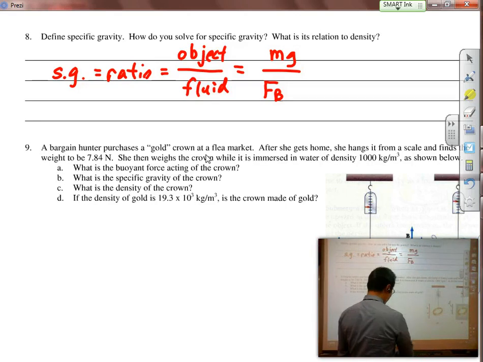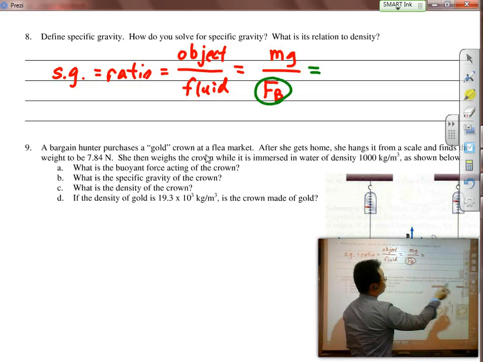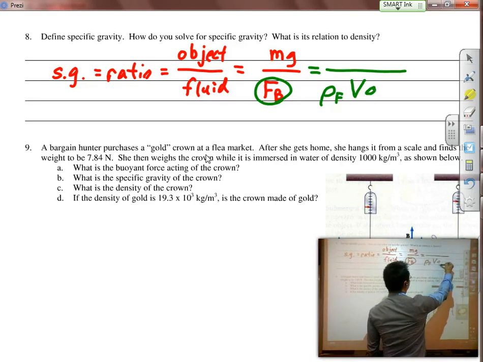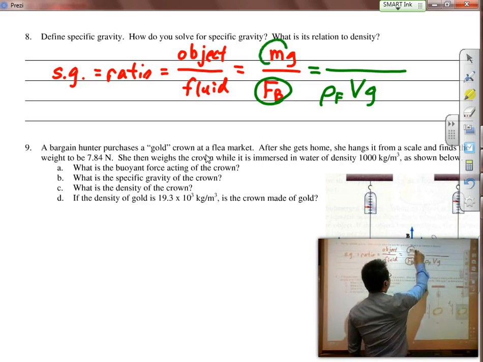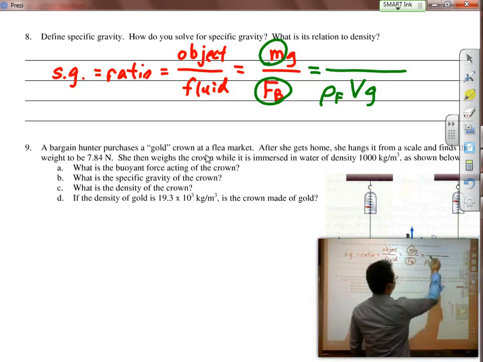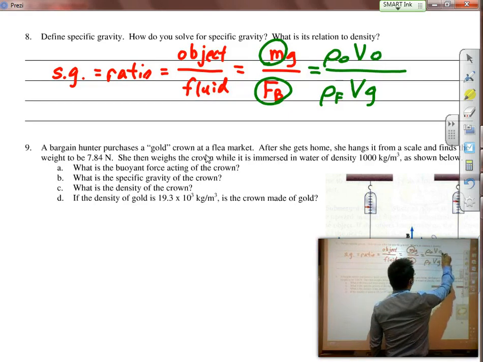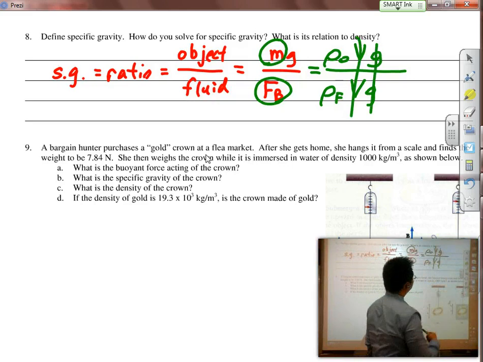In fact, if we take mg and FB and break them into their actual formulas, FB is density of the fluid times the volume displaced times gravity, while mg, m is really just density times volume as well, but in this case, density of the object times volume times gravity. And you realize, wait, it's the same volume, same gravity.